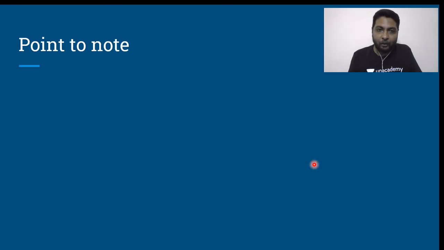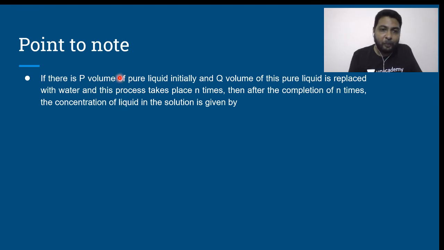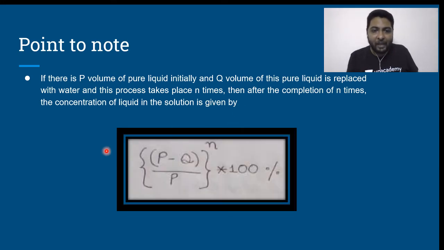That is the point that we need to note over here: if there is P volume of pure liquid initially, and Q volume of this pure liquid is replaced with water, and this process takes place n times, then after completion of n times, the concentration of liquid in the solution is given by (P minus Q) divided by P, whole raised to the power n, into 100%.